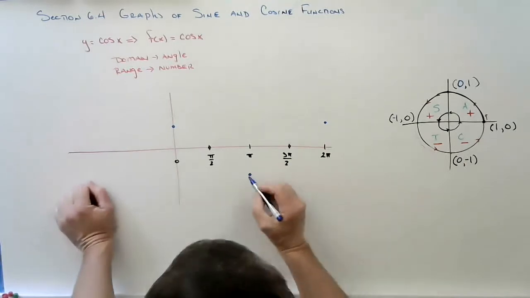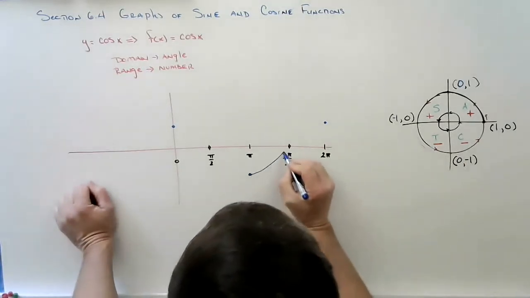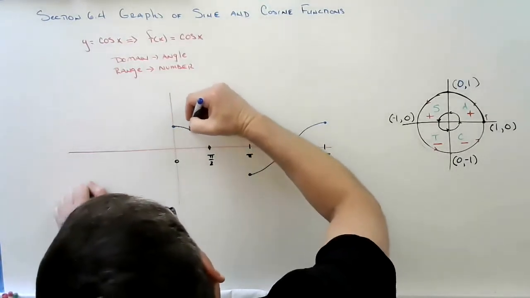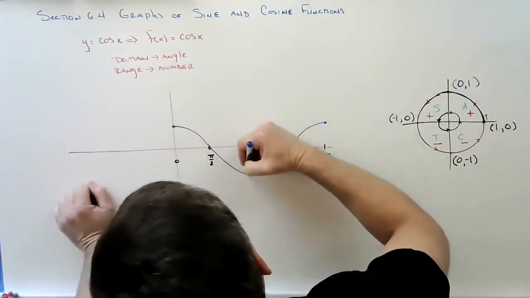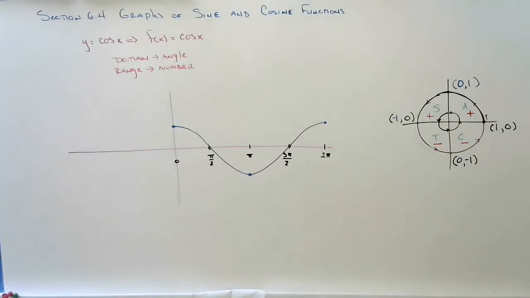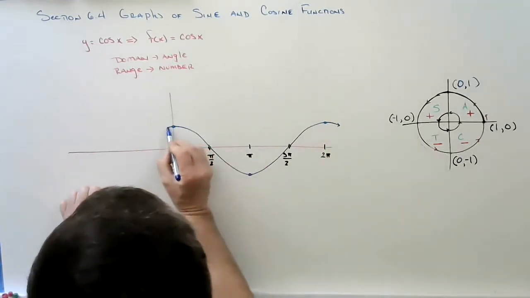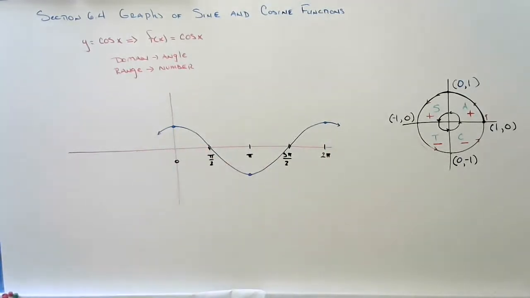Now, when we draw our cosine curve, it looks like this. This is one period. Now, of course, it keeps going. This is one period of our cosine curve.